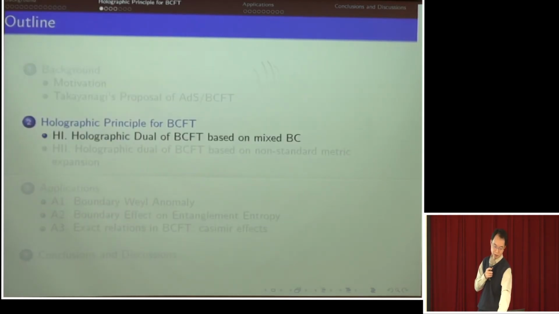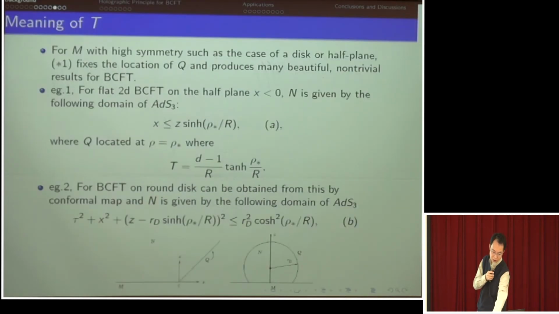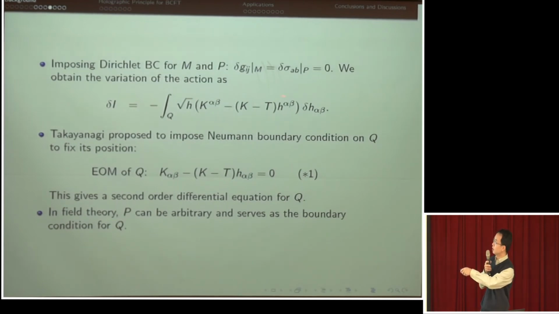So there are two possibilities. The first is based on generalizing the boundary conditions in use. I mentioned that in this simple derivation, he imposed a Neumann boundary condition, basically saying the variation of the boundary metric is completely free, so this matrix should be 0.